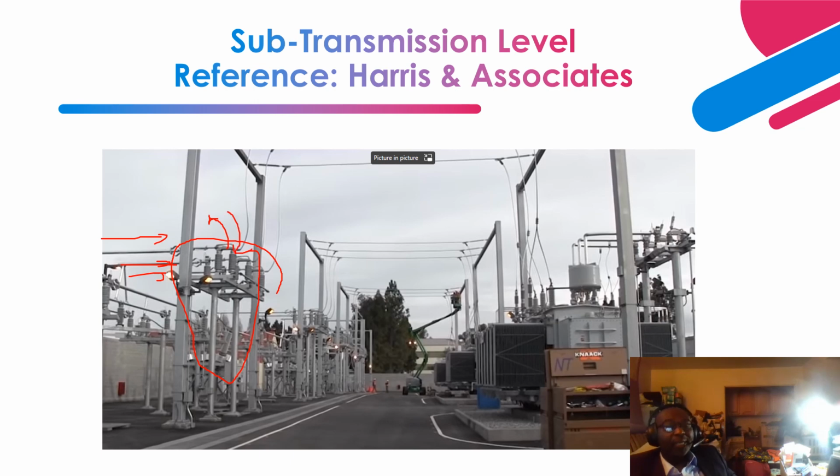Its goal is isolation after the equipment is de-energized, to be able to separate one side from the other. We have a feeder going this way, so I should be able to separate this section of the bars from the other side of the circuit breaker. Remember, there was also another disconnect switch on the side. For maintenance and safety purposes, I should be able to isolate after I have de-energized the bars. That's how these disconnect switches come in.